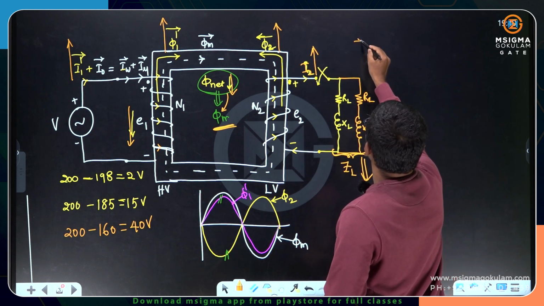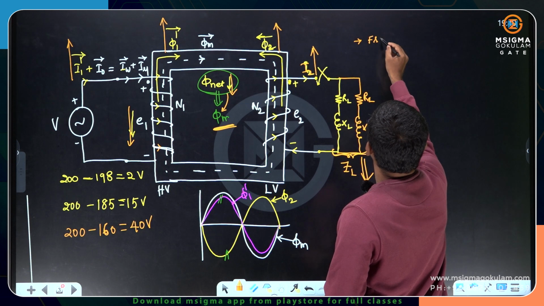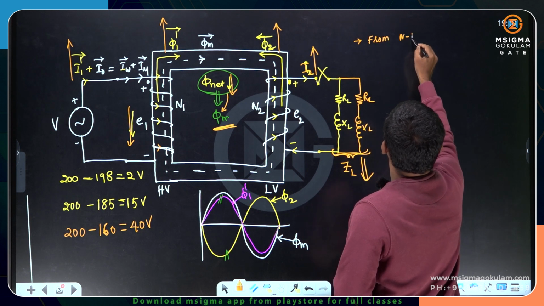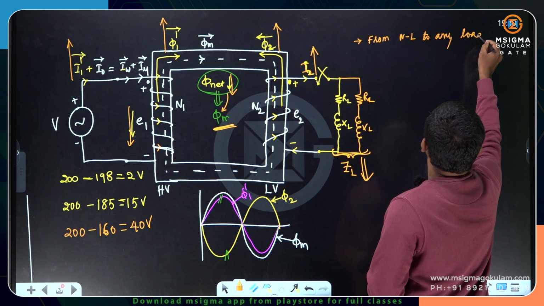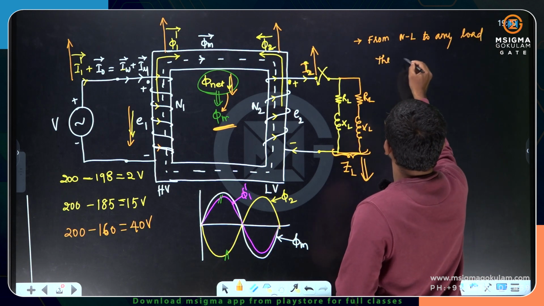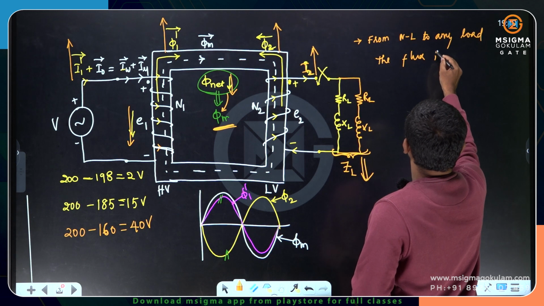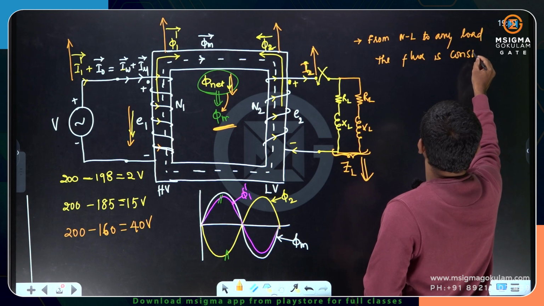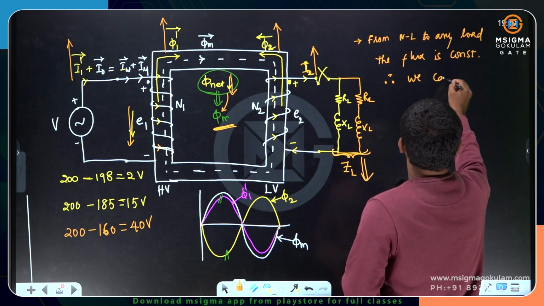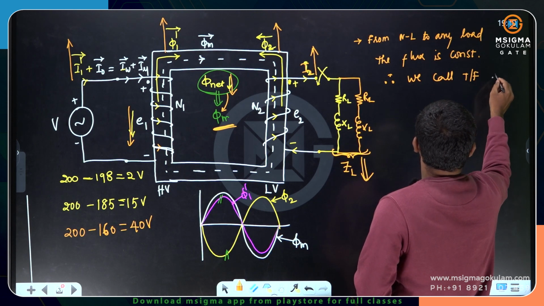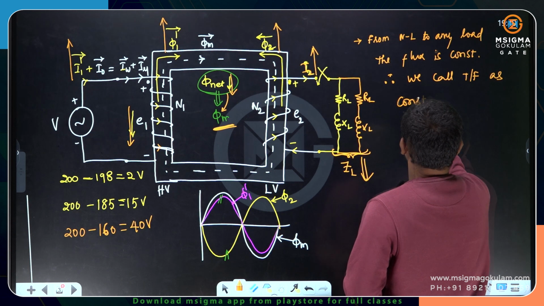Here the first point, please remember: from no load to any load, the flux is constant. Therefore, we call the transformer a constant flux device.